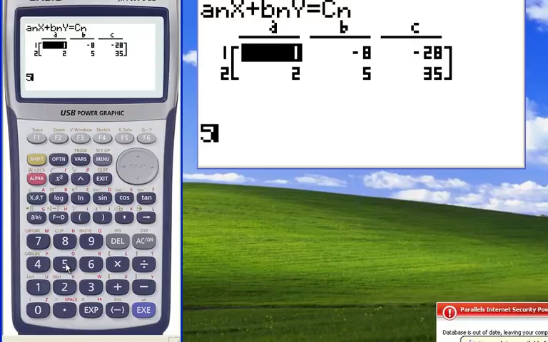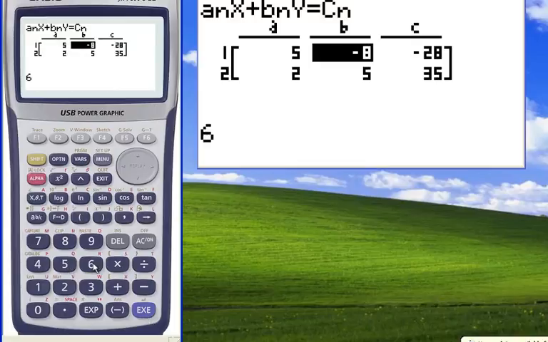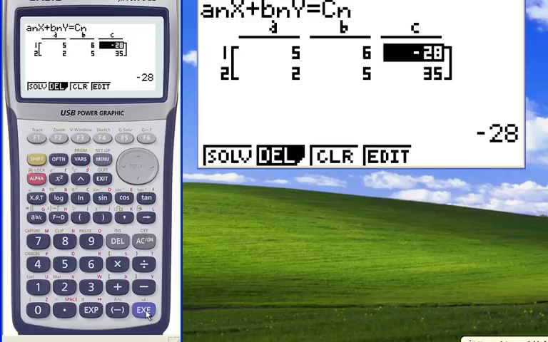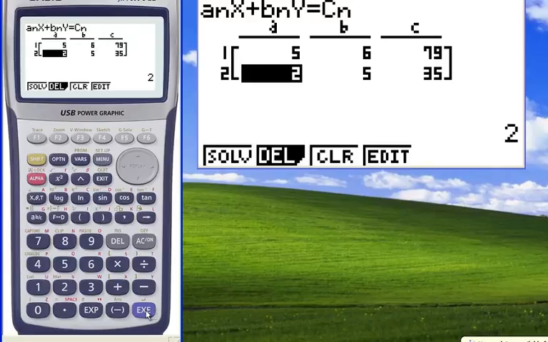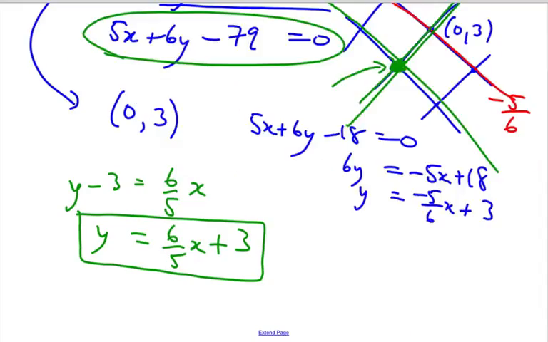Okay, so going back here, it was 5 x's, 6 y's, and 79. And the second equation, we have to be careful about this. The second equation is 6x minus 5y. In fact, I'll rearrange this.